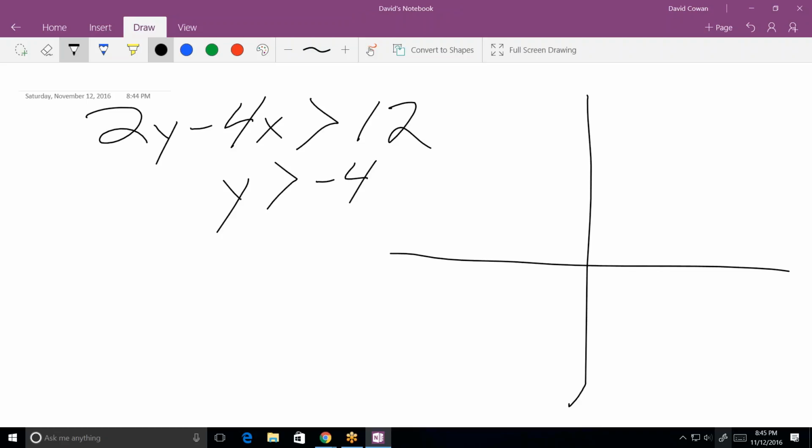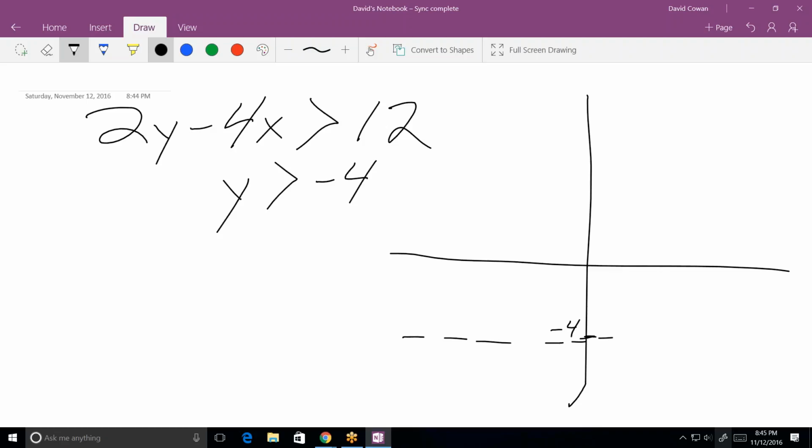Well, let's start with the bottom. That's the easiest one to do. How do I draw the y? Always start with an equation. So you're going to graph the bottom one as if it were y equals minus 4. How do I do that? The horizontal line goes through this point, minus 4.